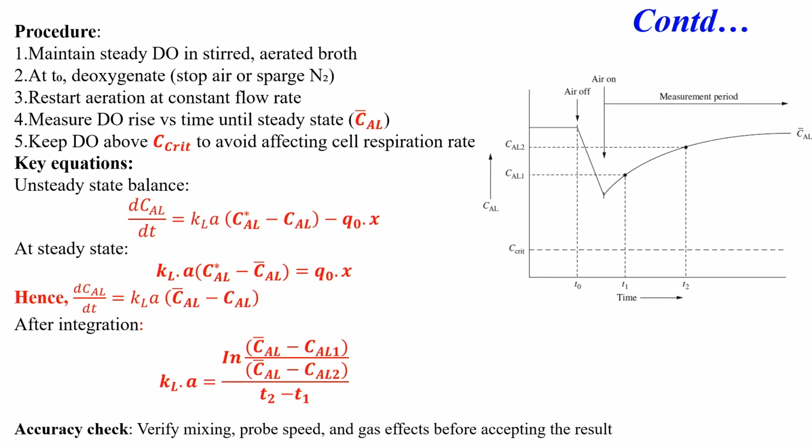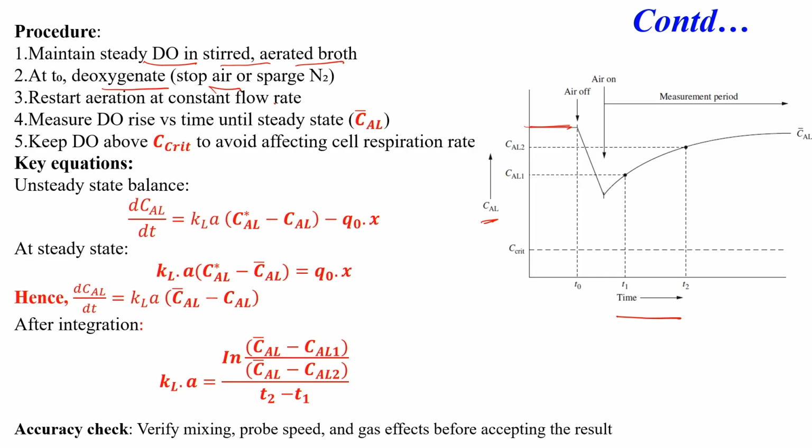So, in this method, as I discussed initially, this is the time and this is the concentration CAL. What is happening here? It is at the steady state. Maintain steady dissolved oxygen in a stirred aerated broth. Then you have to deoxygenate.